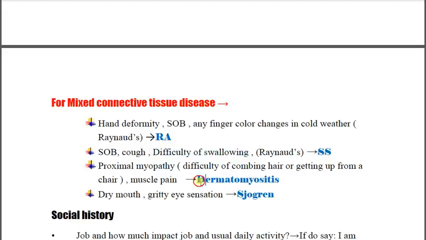For dermatomyositis, you have to ask about any difficulty combing your hair or getting up from a chair. The patient may also be receiving steroids, and steroids can cause proximal myopathy, so you ask the same questions about combing your hair or getting up from a chair. Migraine also can be associated. Ask about dry mouth or gritty eye sensation.